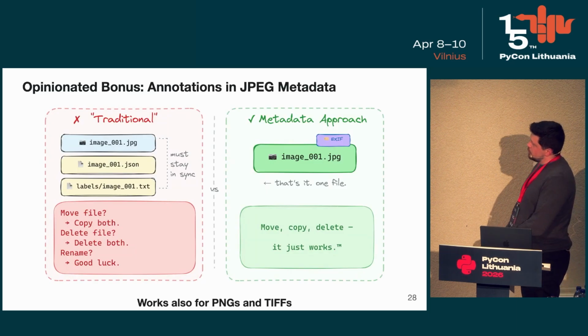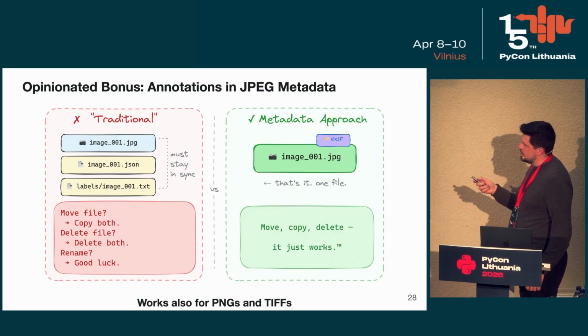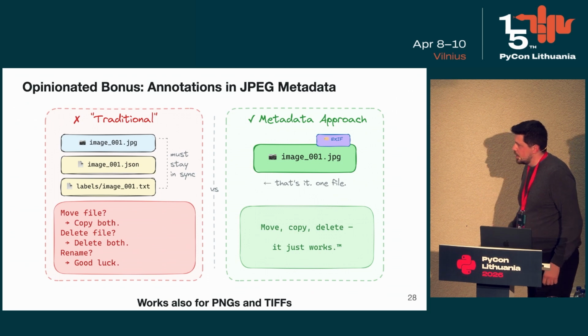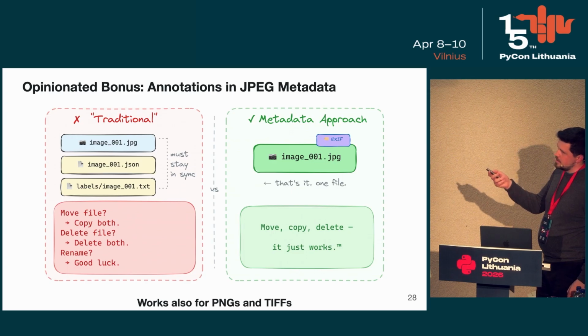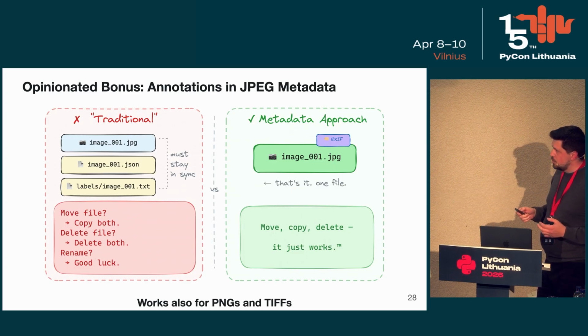Another thing, which is quite opinionated but I decided it makes sense to share, is the ability to store annotations in JPEG metadata as well as PNGs and TIFFs, if you talk about computer vision. When we use datasets like YOLO or COCO, what should we do to move a file?